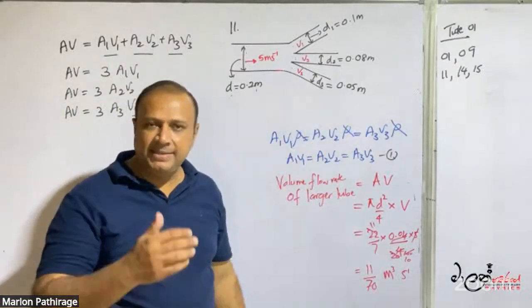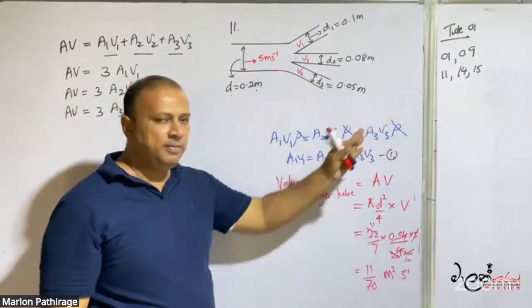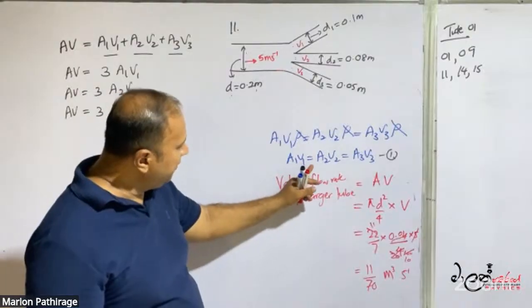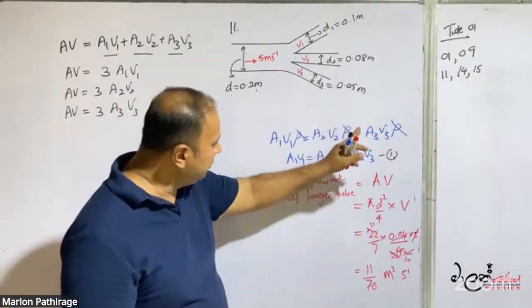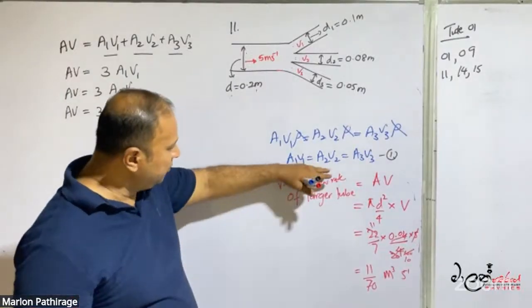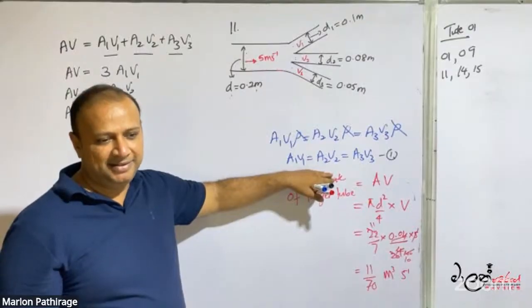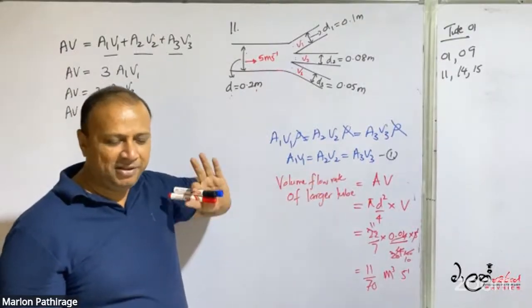As this is the same fluid, rho is equal, therefore rho will be cancelled out. That means A1 V1 should be equal to A2 V2 should be equal to A3 V3. Do you understand? I need responses from everyone.